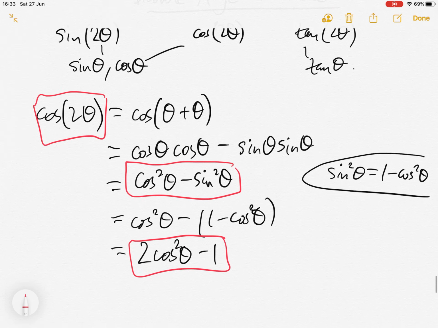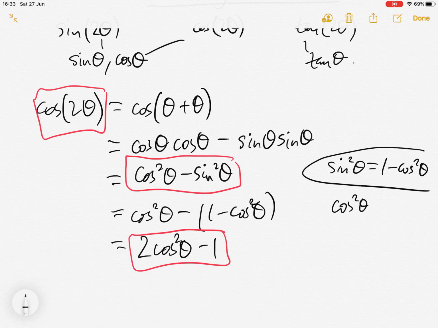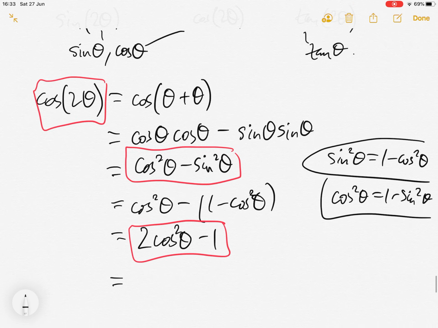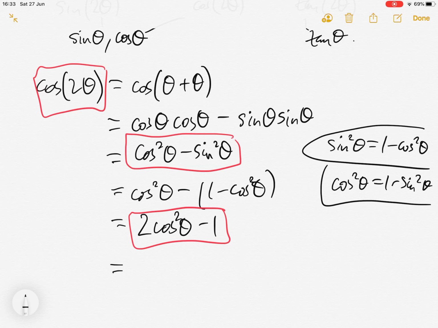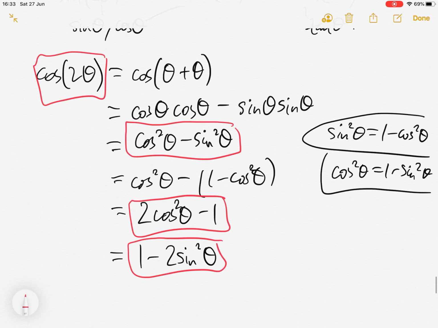And then the other way we can write this is we could instead replace the cos squared with 1 minus sine squared, and write it purely in terms of sine squared. So the cos squared becomes 1 minus sine squared, the other sine squared we leave alone, and we get 1 minus 2 sine squared theta. So there are 3 different formulas for cos 2 theta.